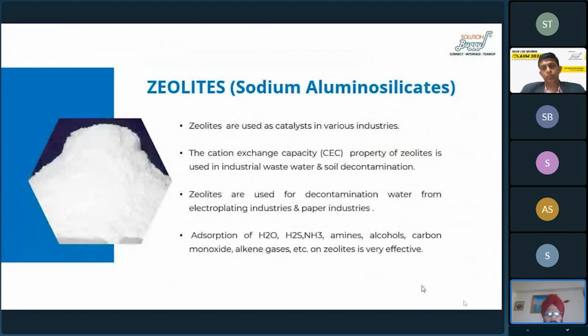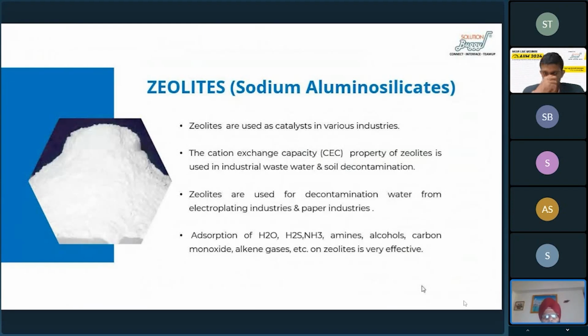Next slide, please. Now, zeolites. This is what I am talking about, sodium aluminum silicates. These are a very big industry now. When I did my PhD in zeolites, it was just the beginning of zeolite entry into India, and I was the first PhD on zeolites from National Chemical Laboratory. Zeolites are used as a catalyst in various industries because they have porosity, as well as being a sodium aluminum silicate.